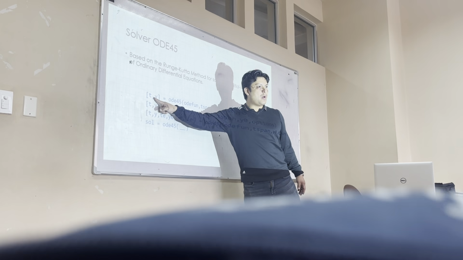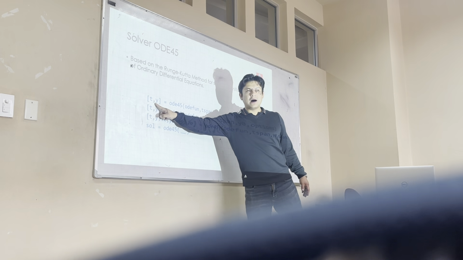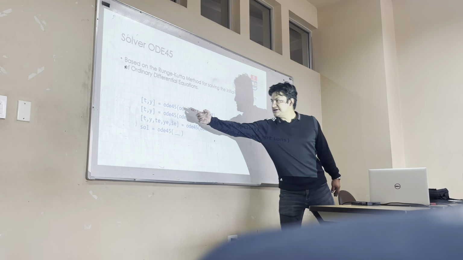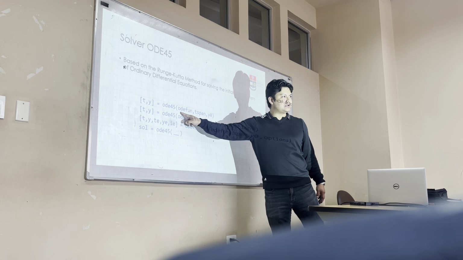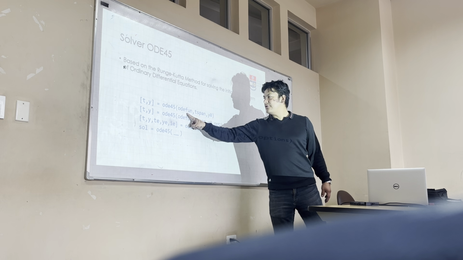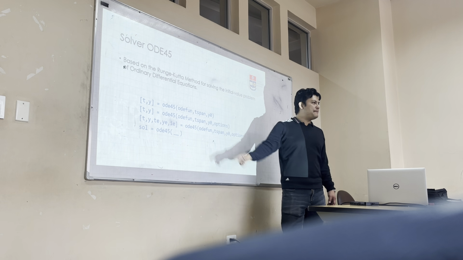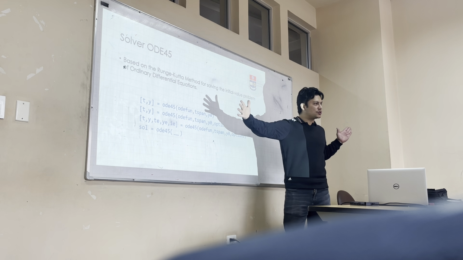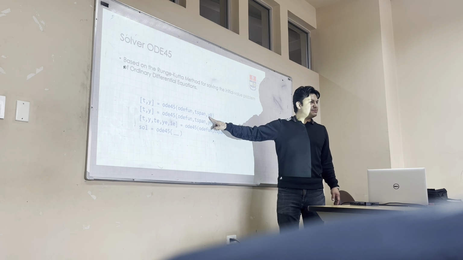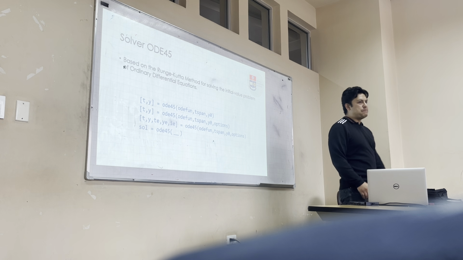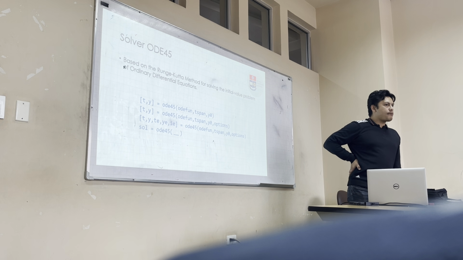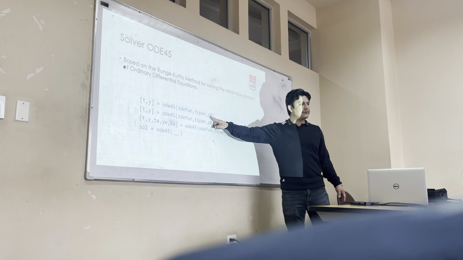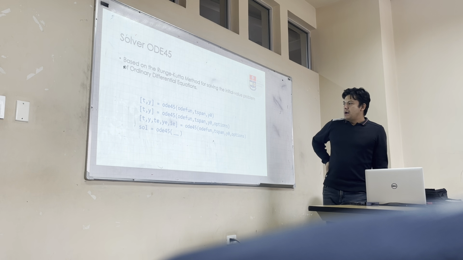You specify the solution for t and y. t is time, y is displacement. Okay? ODE45, and then you set the function that you're going to solve. You define the time vector. Right? You are going to have the solution in a time vector. And you are going to specify an initial condition, for example, 1, 0.